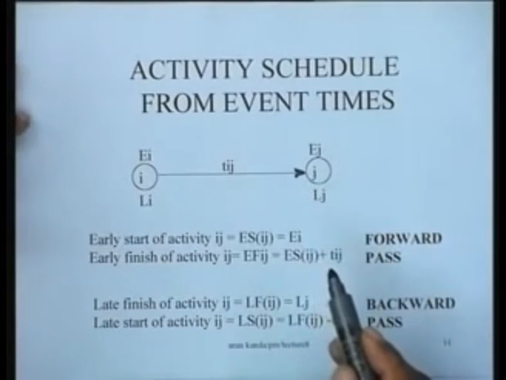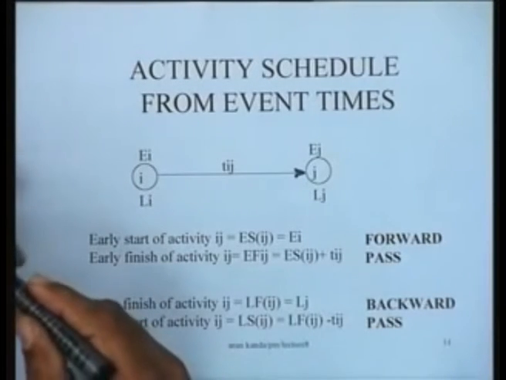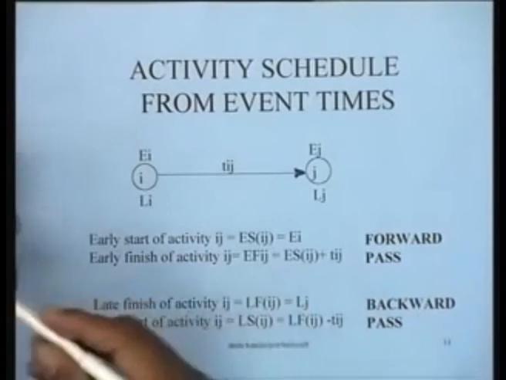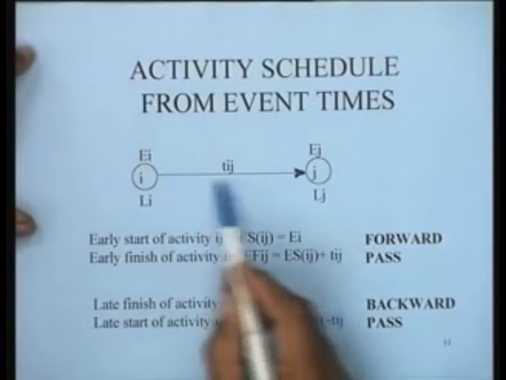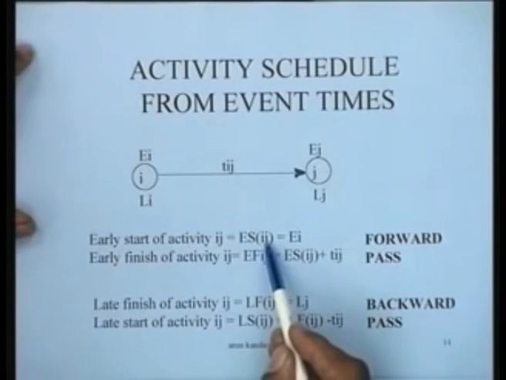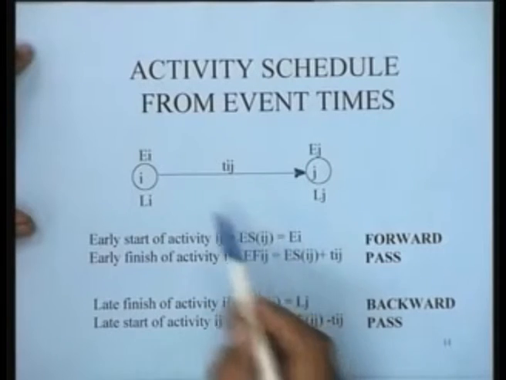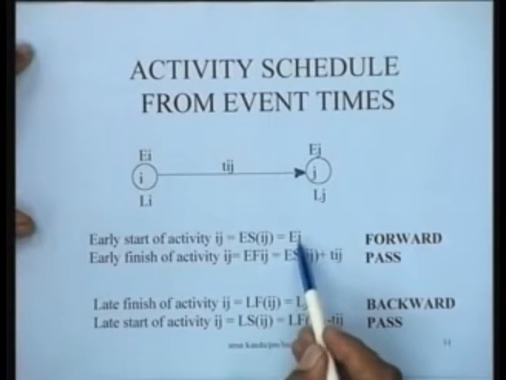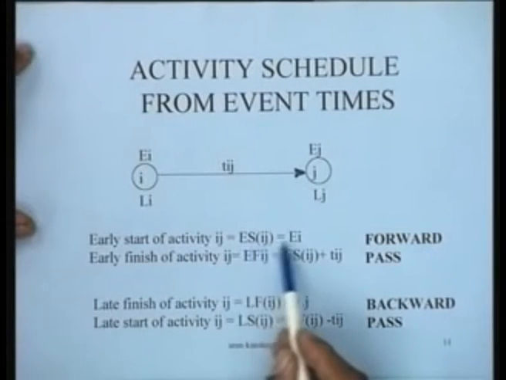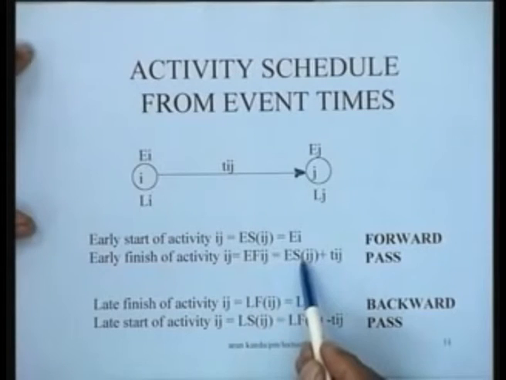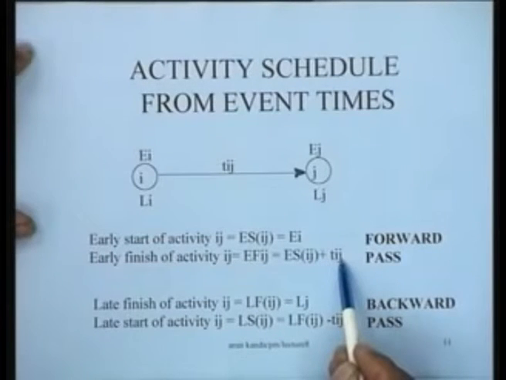So, we use this information to determine the early start of the activity ij. Early start of the activity ij is nothing but the earliest occurrence time of its predecessor node, just e i. And once we have determined the early start, the early finish is the early start plus the duration of the activity.